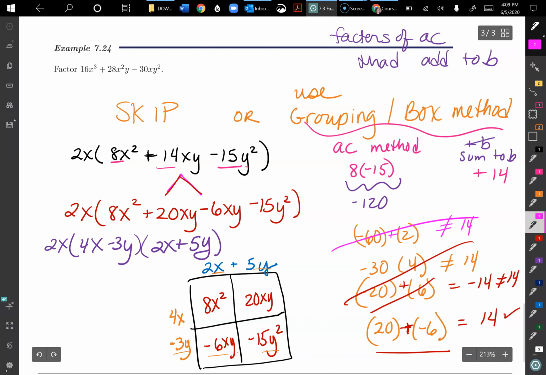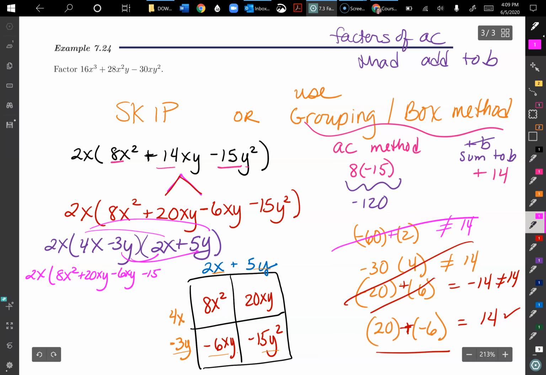So if we check it, we would have this little 2x, then our first is going to be 8x squared. Our outsides is going to be the plus 20xy. Our insides is minus 6xy, and our last is minus 15y squared.